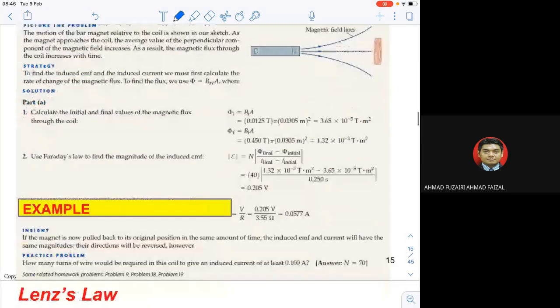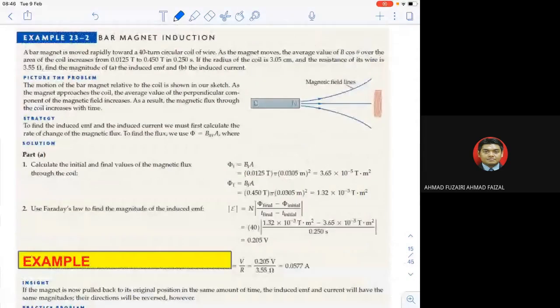Okay, so let's look at another example. A bar magnet is moved rapidly. To move rapidly means it's always moving, towards a 40-turn circular coil. 40 turns means N is 40, and a circular coil. Remember when we want to calculate A, circular. As the magnet moves, the average value of B cos theta over the area of the coil increases from 0.0125 Tesla to 0.45.